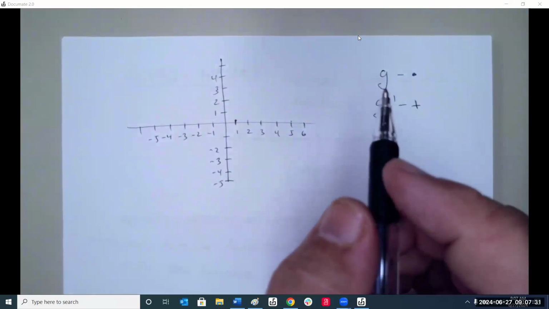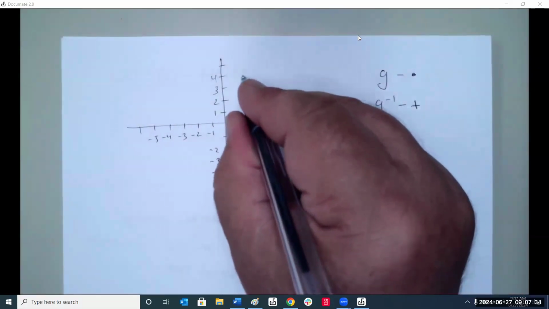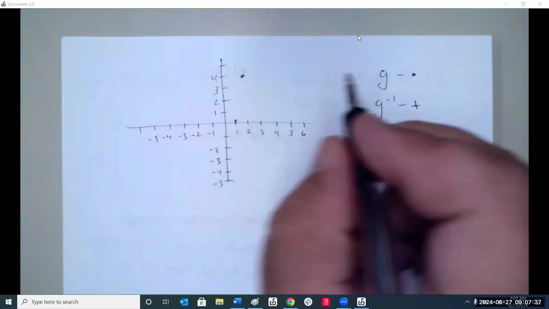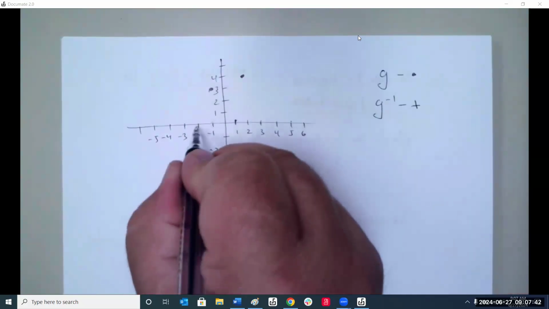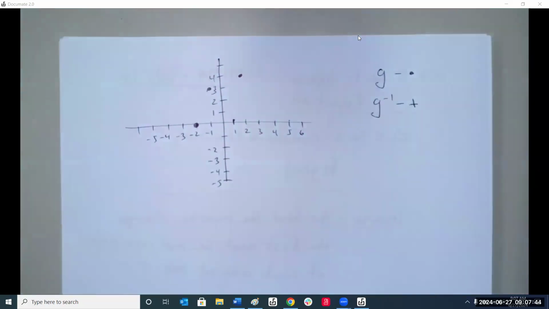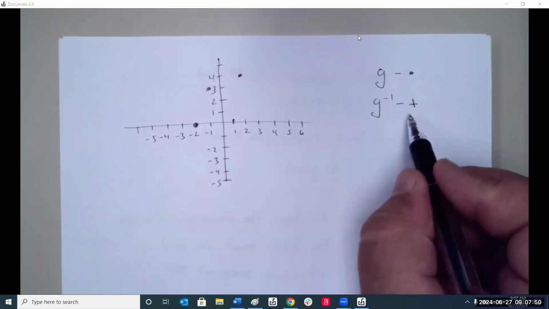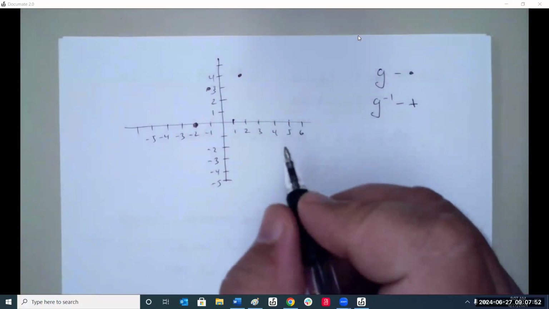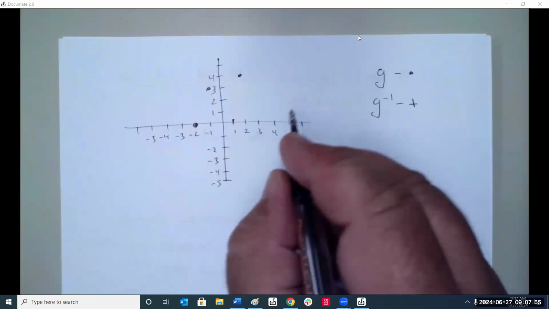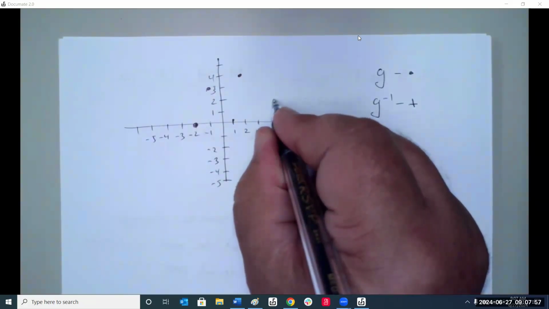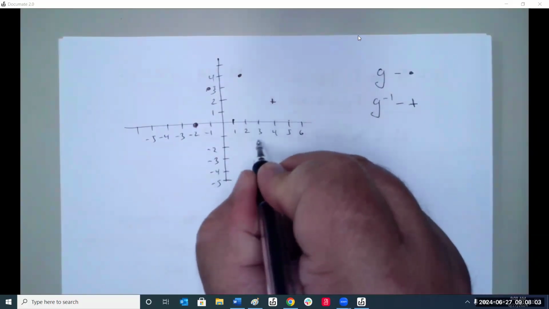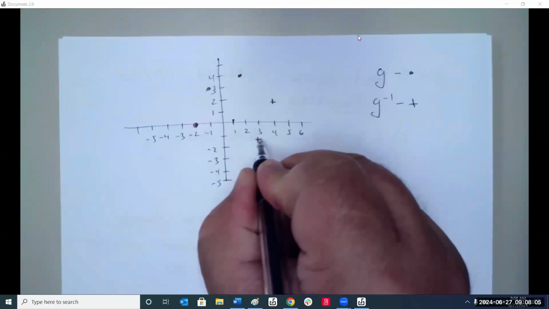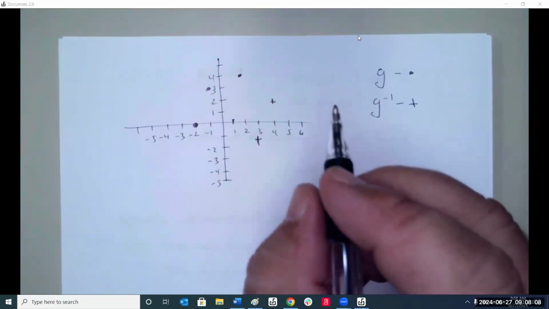All right, the first point we had was (2, 4). Then (-1, 3). Then (-2, 0). That was our original function. Now the inverse function, we had the points (4, 2), (3, -1), and then (0, -2).